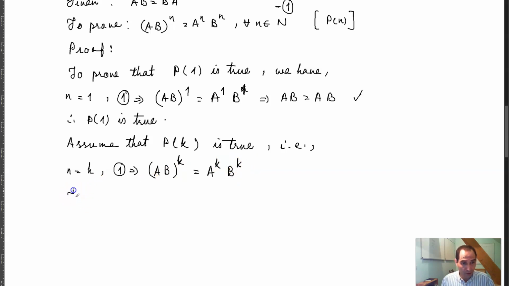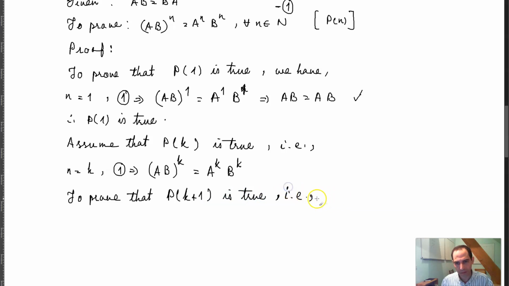Now we want to prove that P of k plus 1 is true. That is, n is equal to k plus 1, and therefore 1 becomes (AB) raised to the power k plus 1 is equal to A raised to the power k plus 1 times B raised to the power k plus 1.